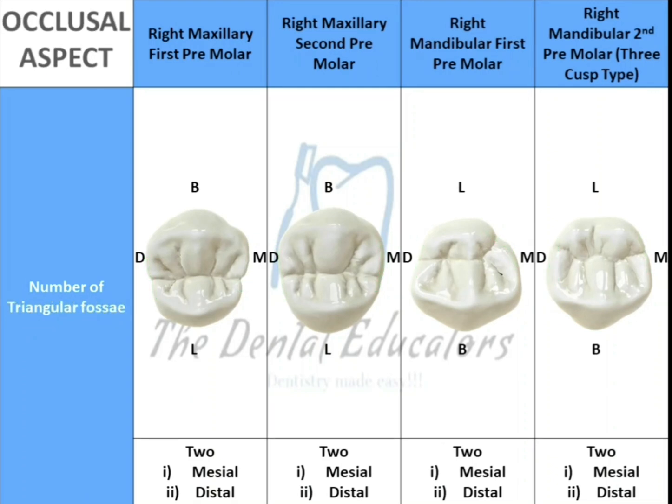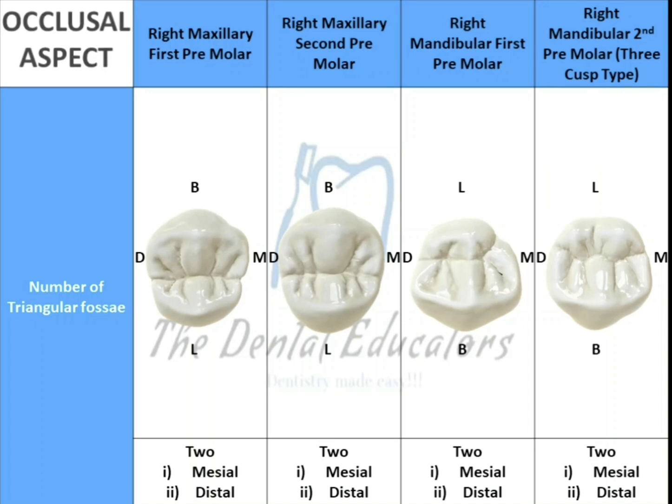The term triangular fossa refers to a shallow triangular-shaped concavity usually observed adjacent to the marginal ridges on the mesial and distal sides of the posterior teeth. These triangular fossae can be observed on all premolars of the maxillary and mandibular arches.